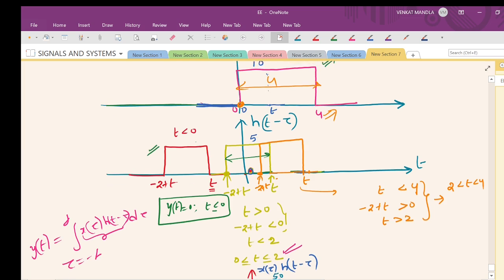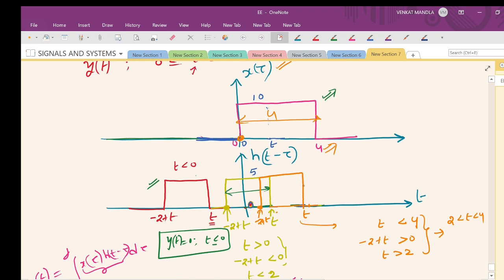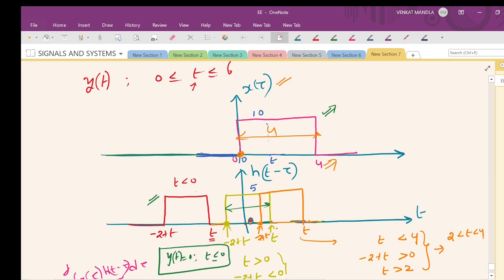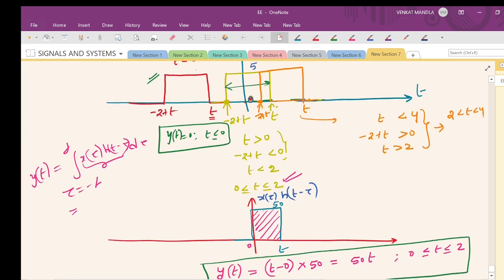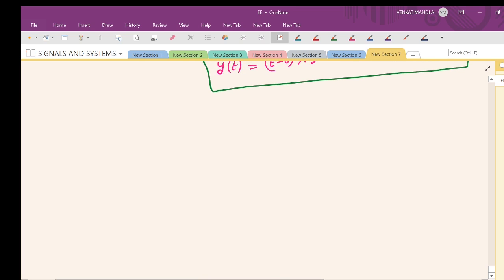Then what happens, we have to multiply these two signals, x(tau) and h(t minus tau), right? So this orange one is h(t minus tau) and this pink one is x(tau). We have to multiply these two. Okay, so now I'm multiplying these two. If you want, I will draw again here.